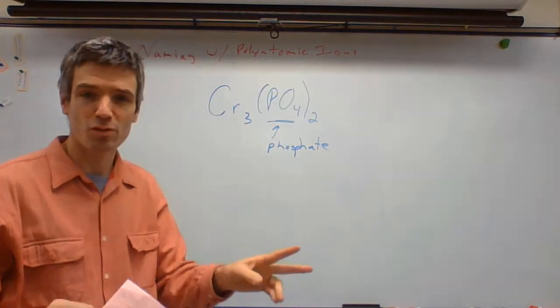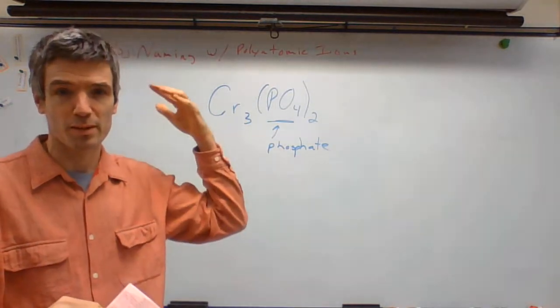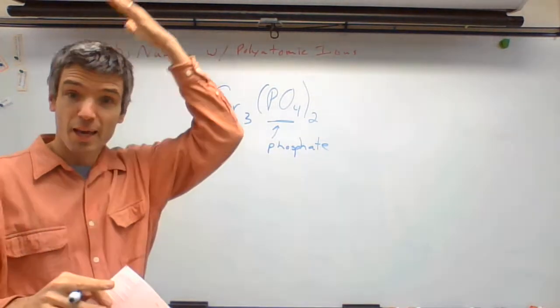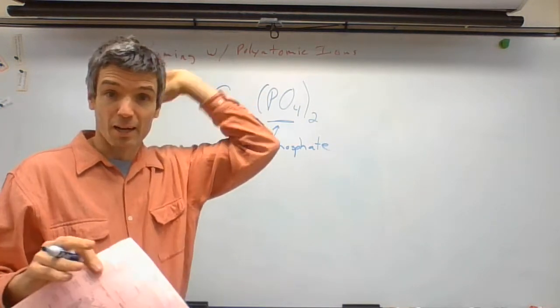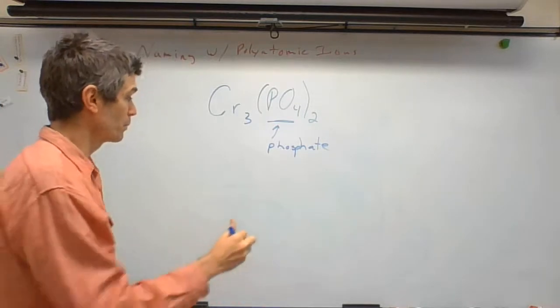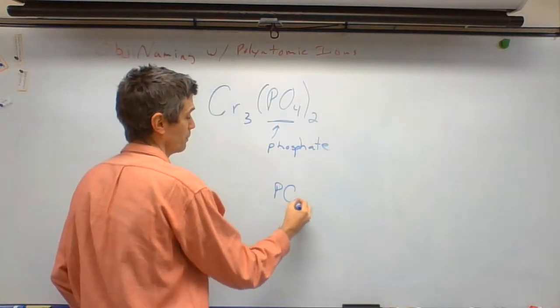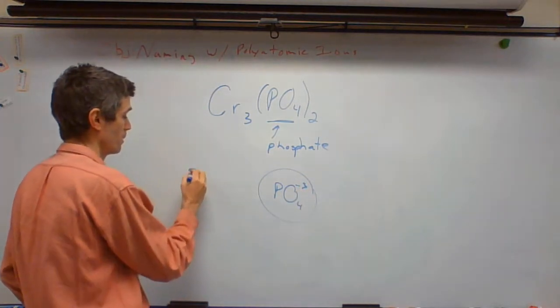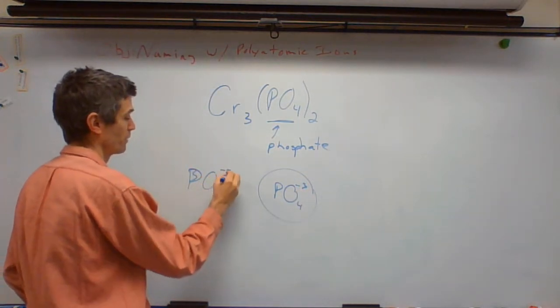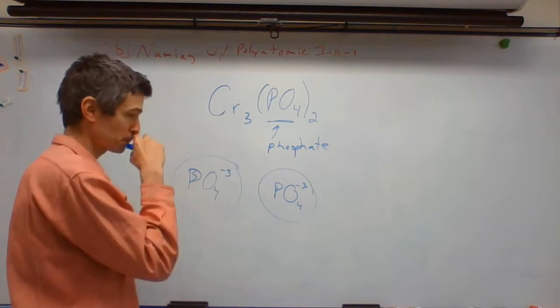Now I can solve this in 2 ways. I can draw the picture, or I can do it mentally, making sure that the charges neutralize. I'm going to go with a picture because I like visuals. PO4, -3. PO4, -3.